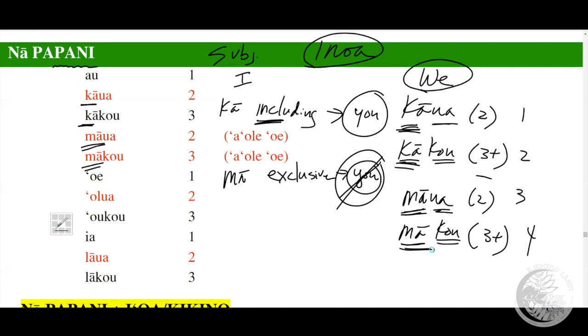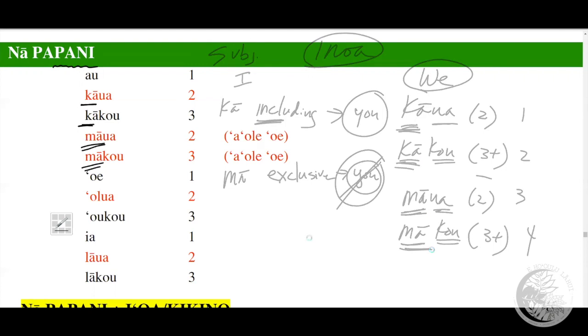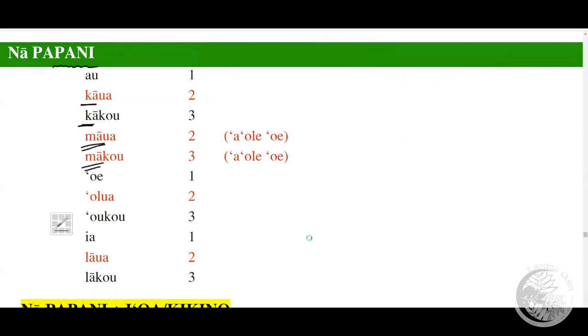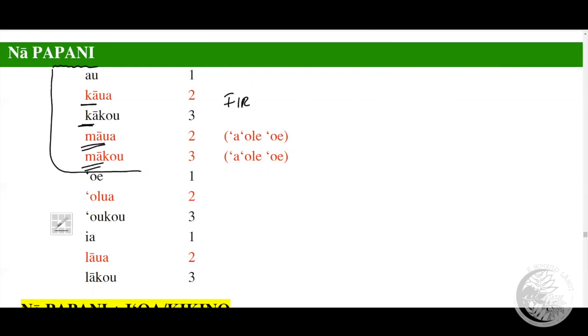Kaua, kako, maua, mako. So when we use the word I in Hawaiian, au, and I use the word we in Hawaiian, we notice we have 4 of them. So these 4 right here are all related to what you call the first person in English, meaning it all includes myself, I. It always includes I.